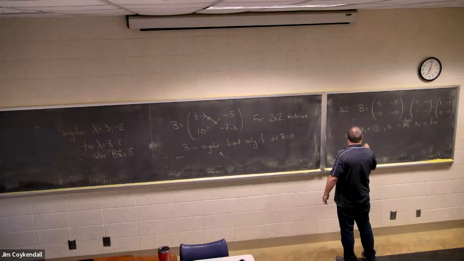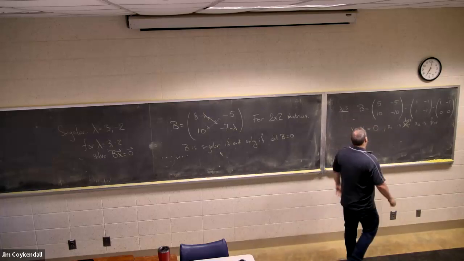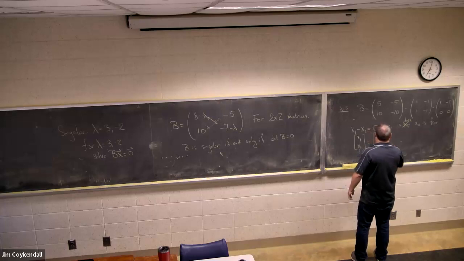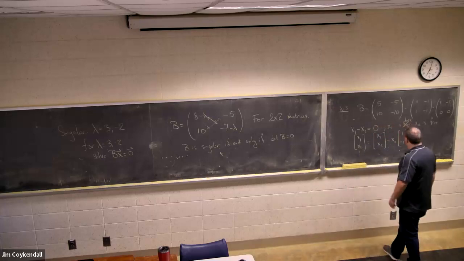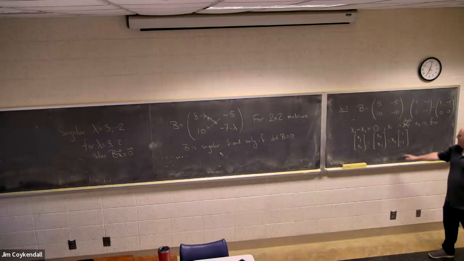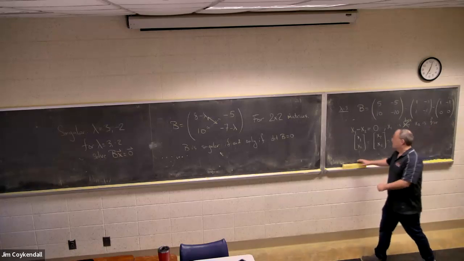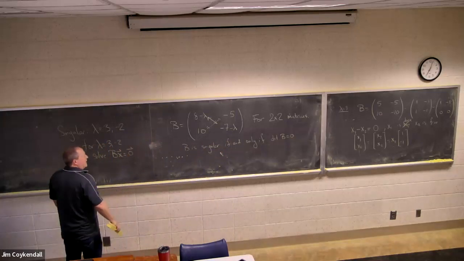It is x1, x2, but now I can replace x1 with x2. So actually it's any multiple of the vector (1, 1). So that is the null space. How about minus 2?